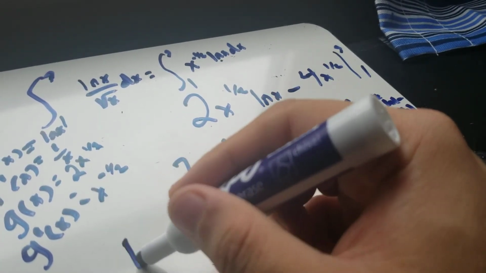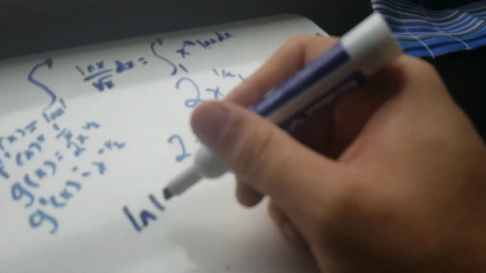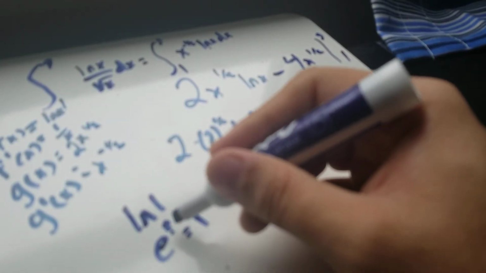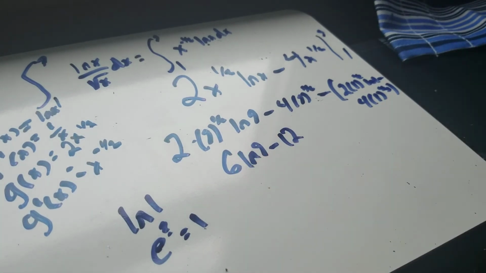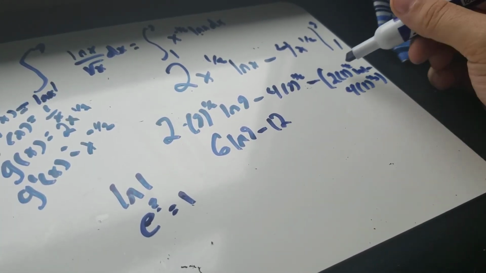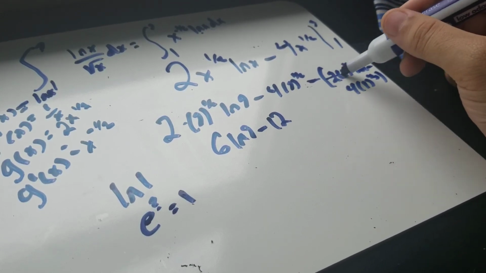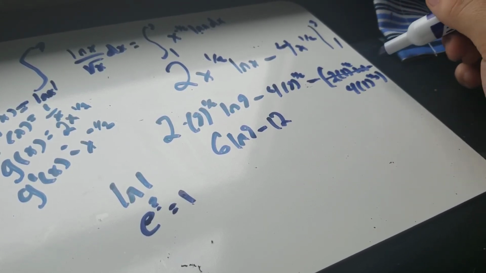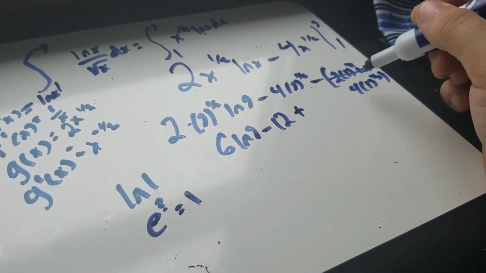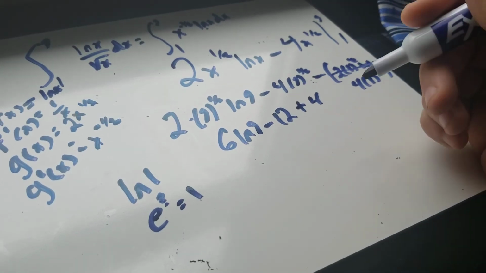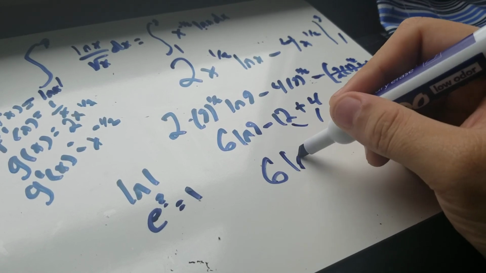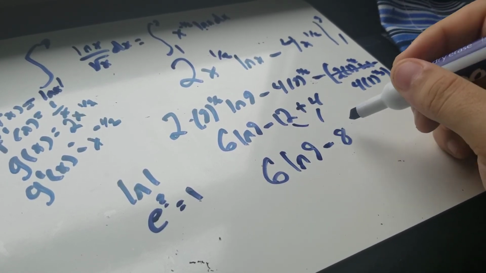Remember, ln 1 is the same thing as asking at what exponent e gives you 1. And that's 0. So this final piece completely disappears because it gets multiplied by 0. And then a double negative is a plus 4 times 1, which is 4. Okay, and then we're just going to combine like terms: 6 ln 9 minus 8.